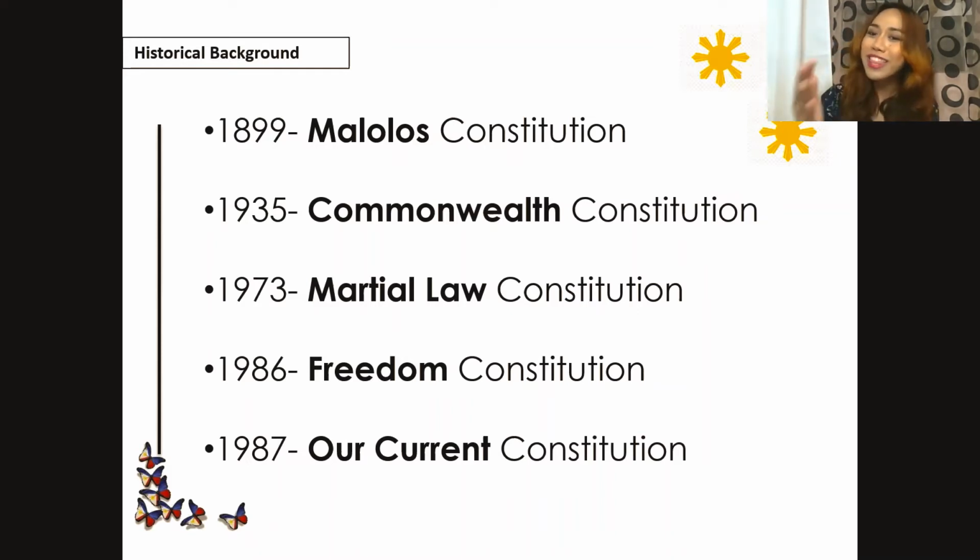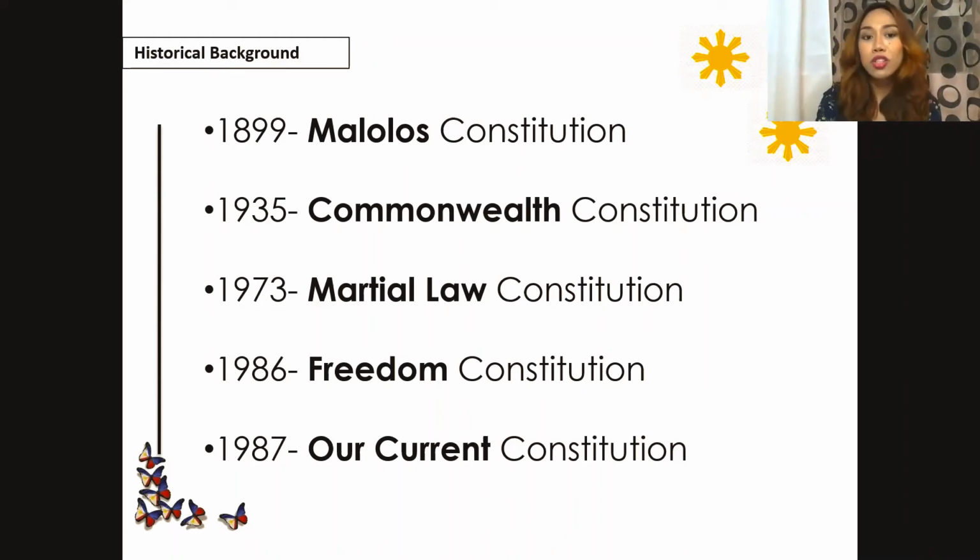So when we created the Malolos Constitution, it was in that constitution that we started to separate the church and the state. Meaning the church will not have any participation in how the state or our government will deal with the affairs of our country. So that's when it started in the Malolos Constitution.